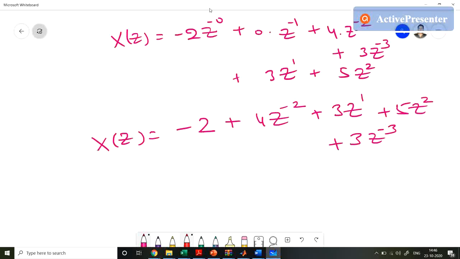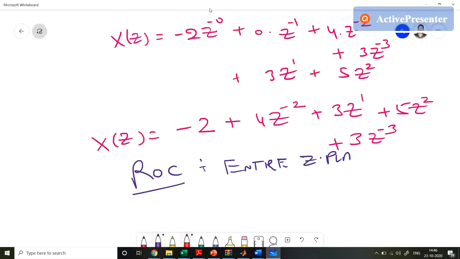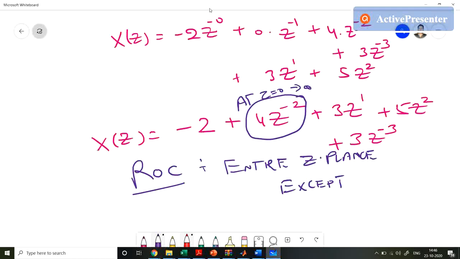Now if we talk about the ROC of this z transform, we can say that the ROC is the entire z plane except some points. So what are the points that we have to exclude from the region of convergence? If we analyze this, at z is equals to 0 it will tend to infinity.